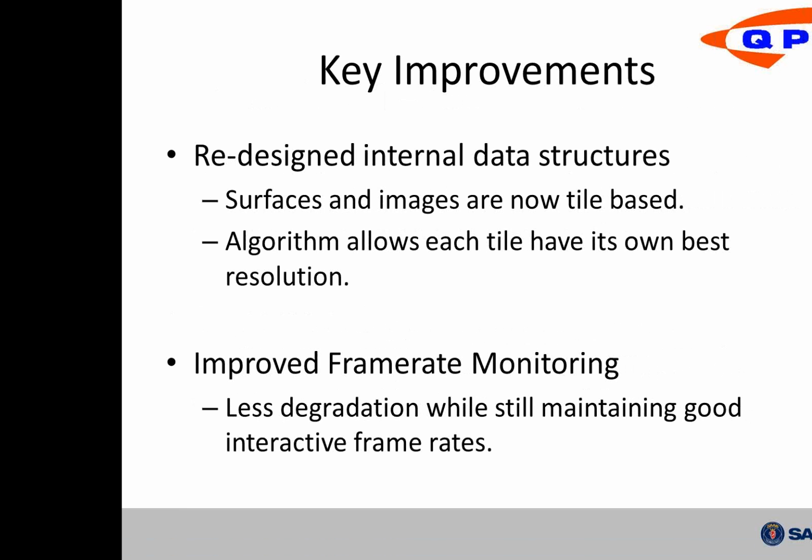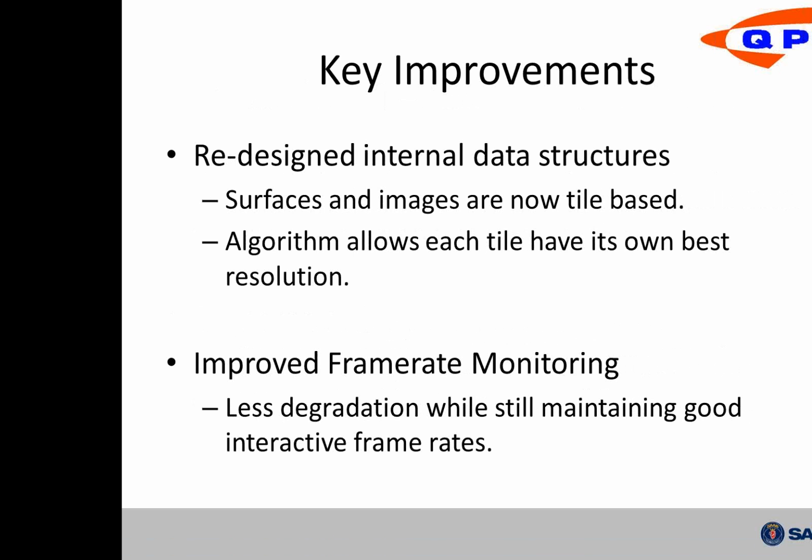Now that affects and improves surfaces and images, but also we've done a general overhaul and improved how we monitor the frame rate. One thing we've always tried to do with Fledermaus is keep it very interactive. We don't want you to be sitting there as your scene chugs along as you try to move. Interactivity is key to what we like about our software. Now with that, we always monitor the frame rate. So how quickly are we able to move around the scene?